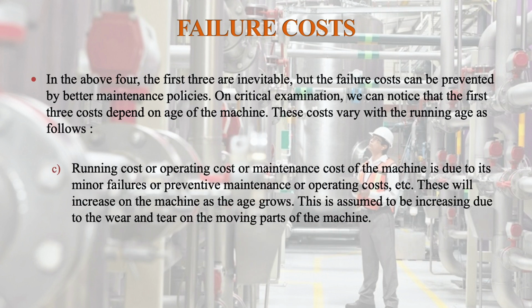Running cost or operating cost or maintenance cost of the machine is due to its minor failures or preventive maintenance or operating costs, etc. These will increase as the age of the machine grows. This is assumed to be increasing due to the wear and tear on the moving parts of the machine.